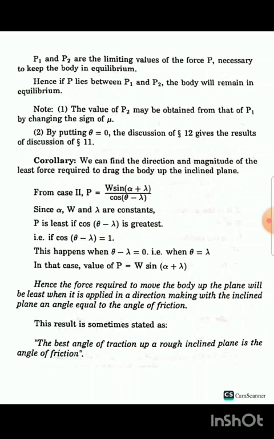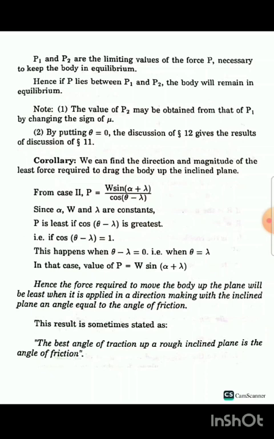As a corollary, we can find the direction and magnitude of the least force required to drag the body up the inclined plane. Taking P from case 2, P equals W sin(α + λ) divided by cos(θ − λ). Since α, W and λ are constants, P is least if cos(θ − λ) is greatest.